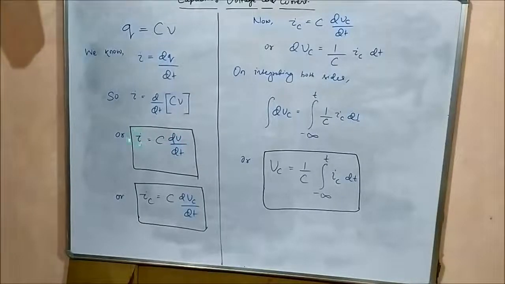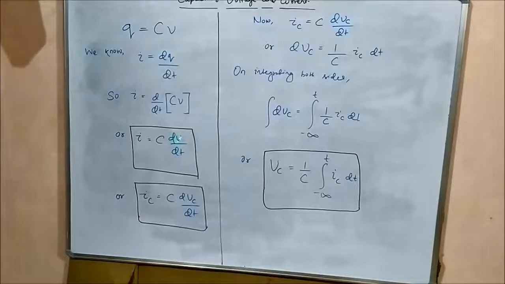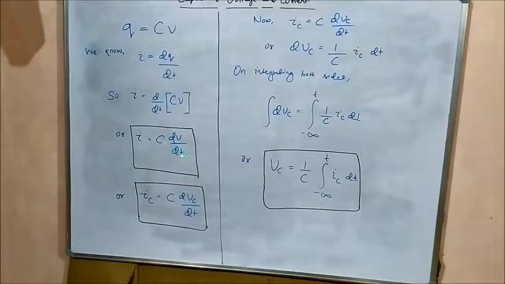The current flowing through the capacitor and the voltage across the capacitor are time varying entities. So the current through the capacitor is given by I is equal to C dV by dt, where I is the capacitor current and V is the voltage applied across the capacitor.